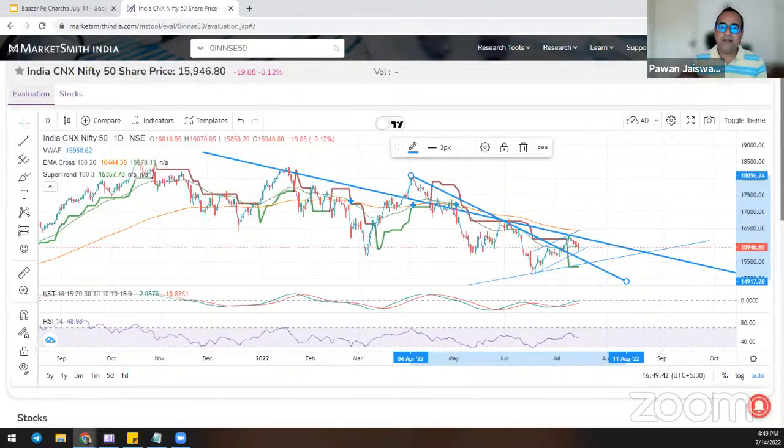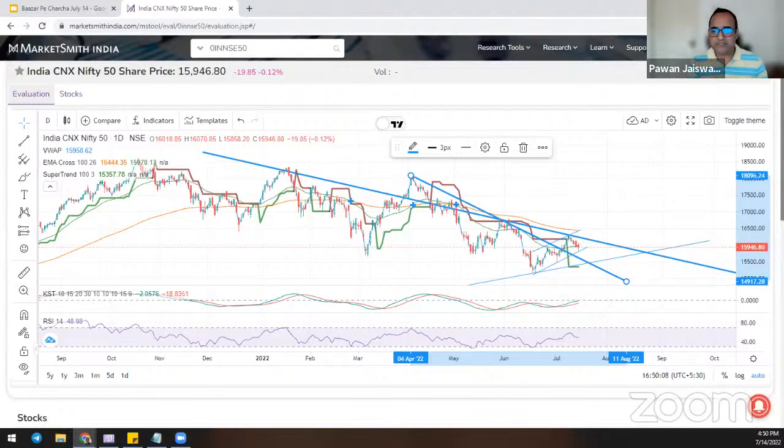But for further gain, it must cross and hold above 16,250 on the upper side, and for the downside, it must breach 15,900 to accelerate 300, 400 points. So this is a range bound kind of market, and most probably in this month it will remain traded sideways only.